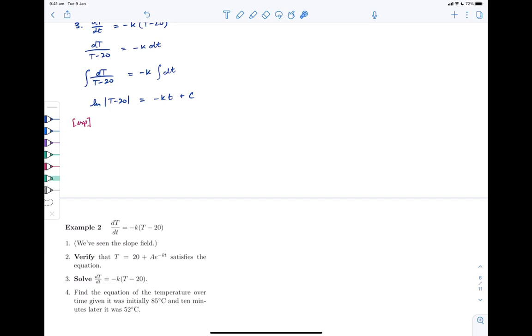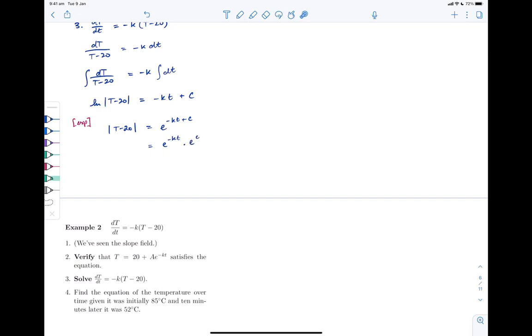Okay, so I've got the absolute value of t minus 20. Just note please that t, as we saw before, can actually be a negative value, and t minus 20 can be a negative value. So if we want to account for all scenarios, we need this absolute value. So this is e to the negative kt plus c, which is e to the negative kt times e to the c.